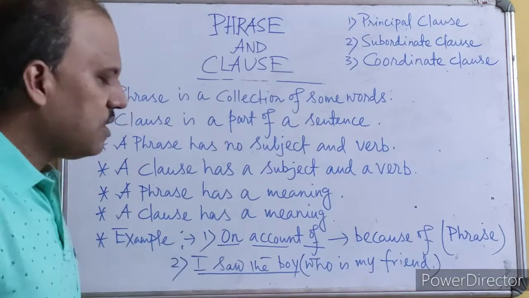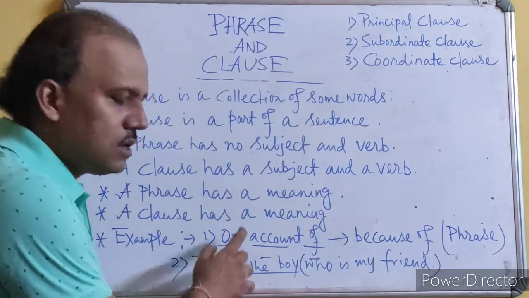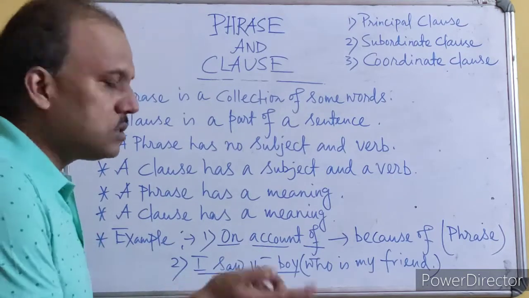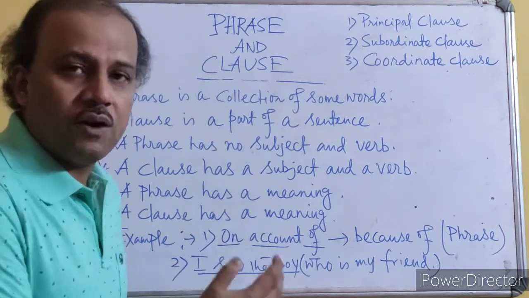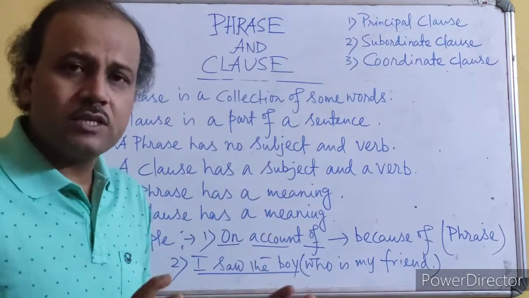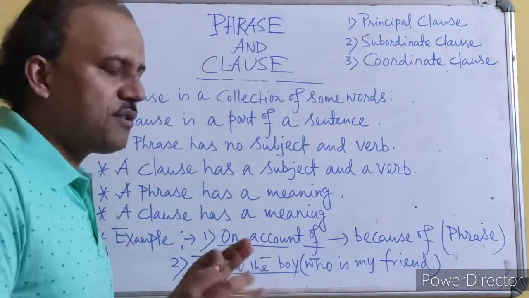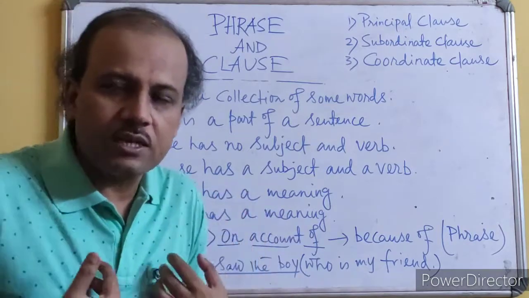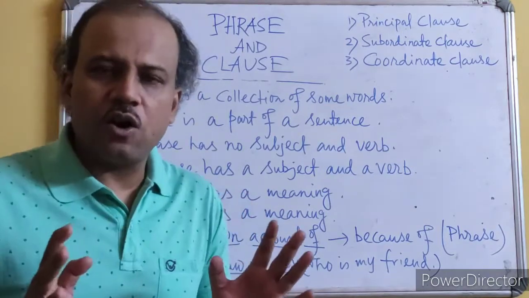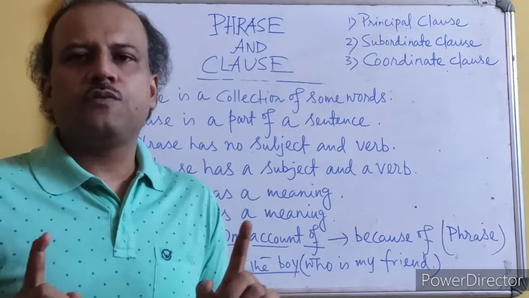See here, if you consider this example, on account of, you can find that there is no subject and there is no verb. It's only a collection of some words. There is no responsibility of a phrase to have a subject and a verb. So a phrase is always devoid of any subject and any verb.